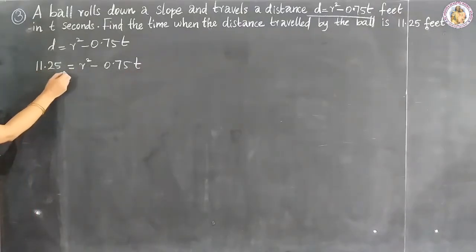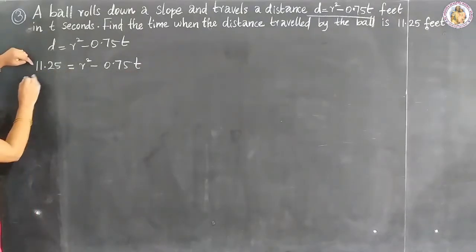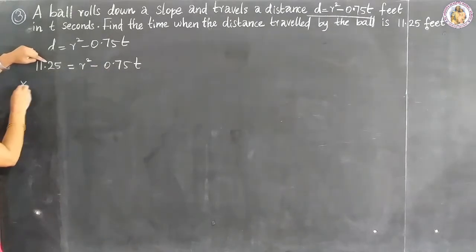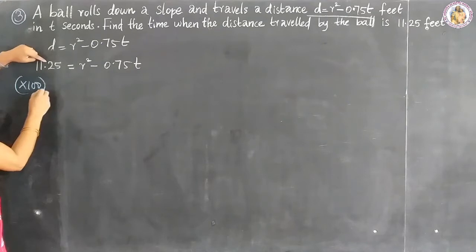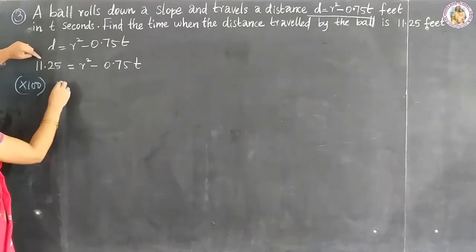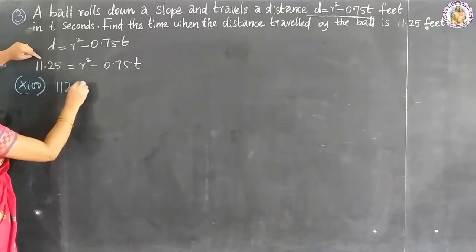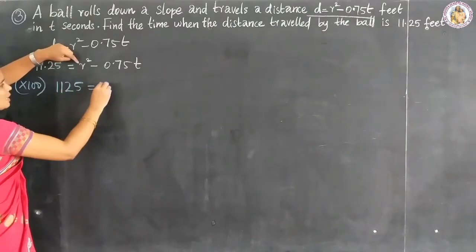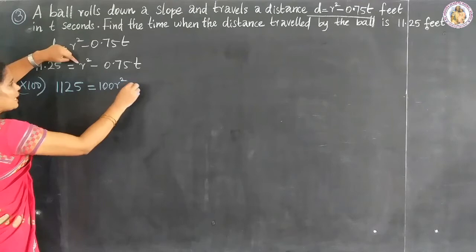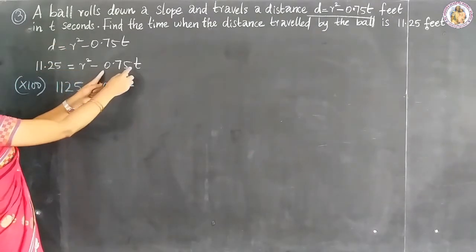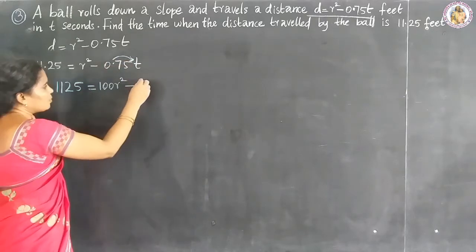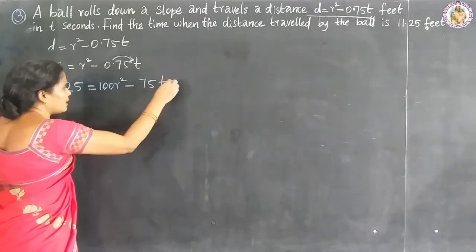To remove the decimal places, multiply both sides with 100. So 11.25 will become 1125 is equal to 100 into t square, 100t square, minus 0.75t into 100. So the decimal place will be removed and we will be getting 75t.